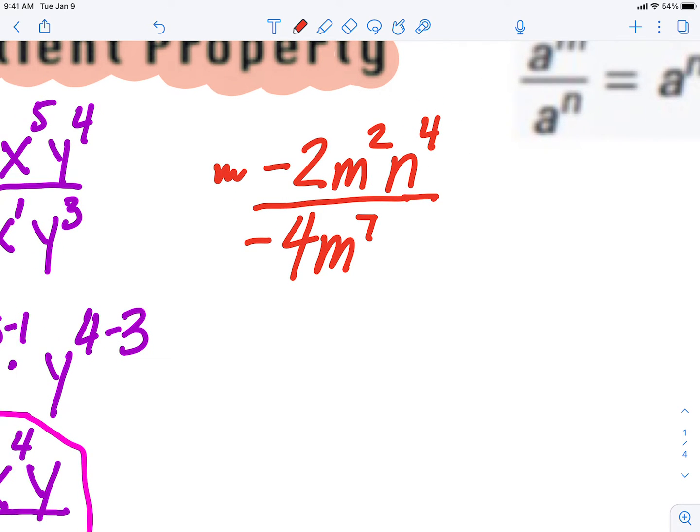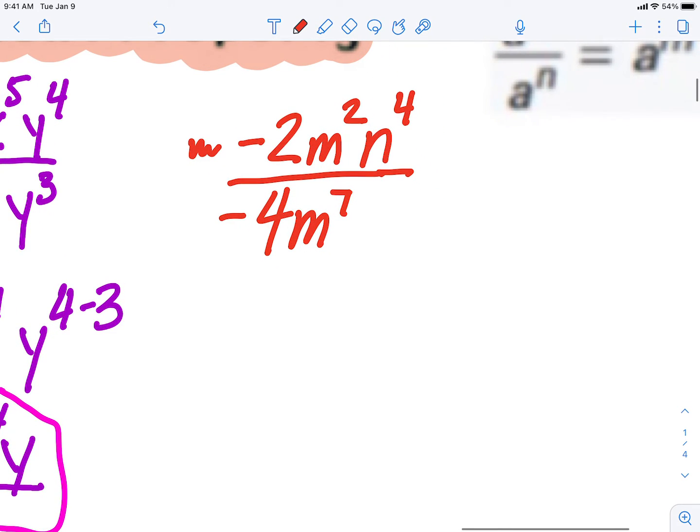Same as the first example, I'm going to separate the regular numbers and write them together. So I'm going to put negative 2 over negative 4, like this.